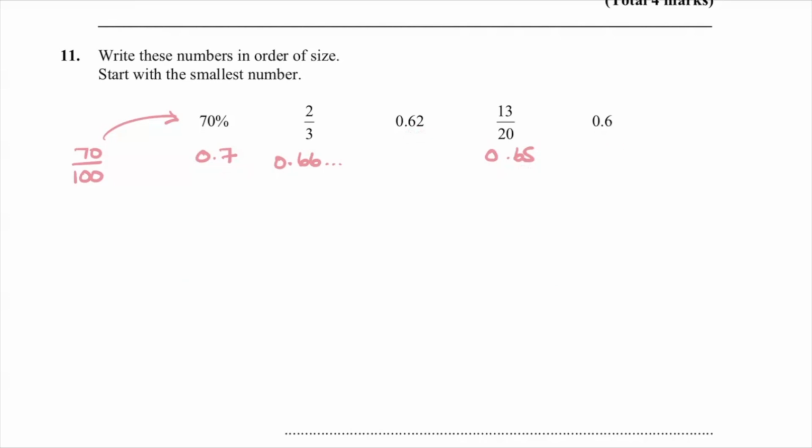It may be useful to just add an extra 0 so they're all the same, and then it's easy to see that that is 60, that is 65, that is 62, and you can read it like that to make it easier to put them in order. I wouldn't include that extra bit on my answer line though. So our order is as follows.